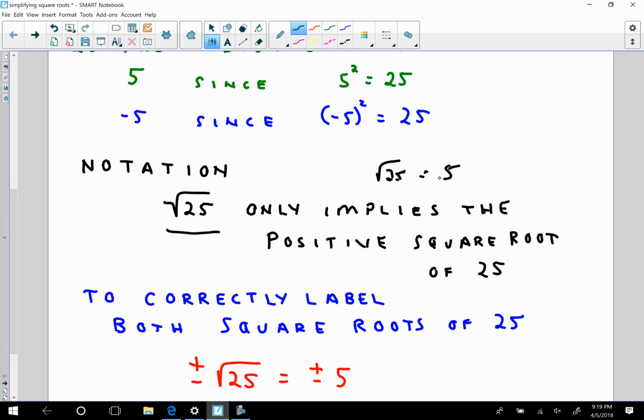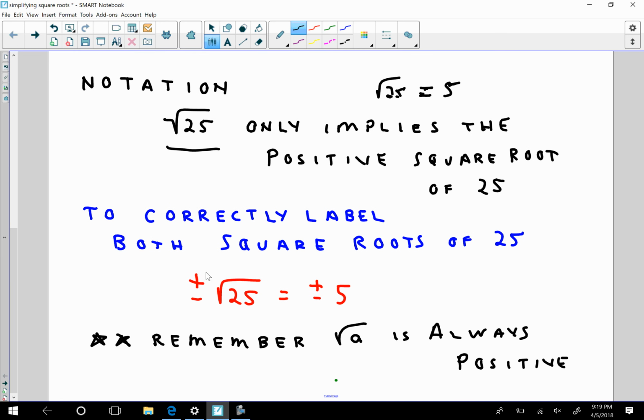If I want to talk about the positive and negative square roots of 25, then I'm going to label the square root of 25 positive and negative, and the positive and negative square root of 25 is positive and negative 5. So I want you always, always, always to remember that the square root of a is always positive, and that a is always positive.